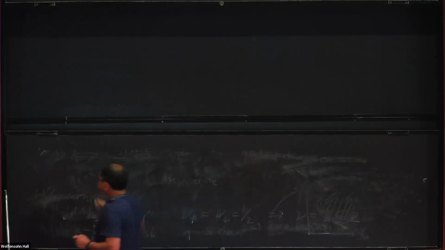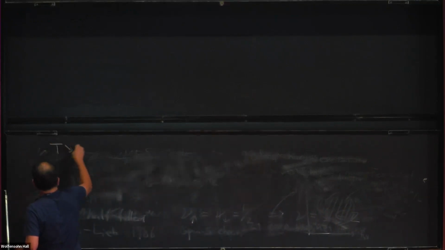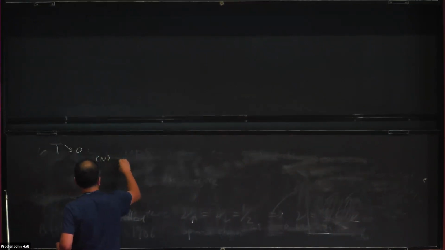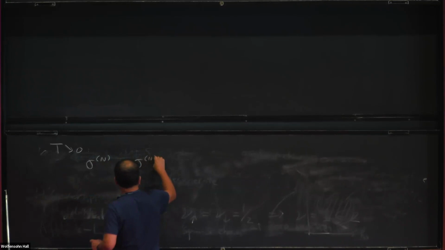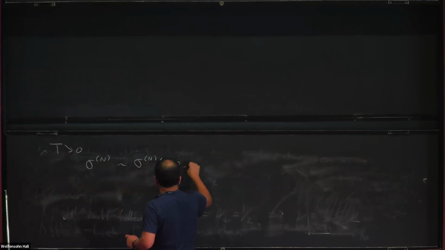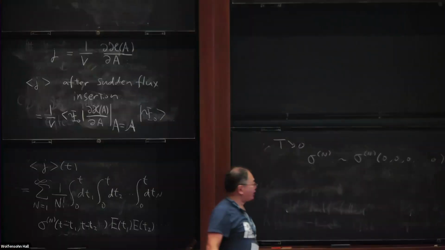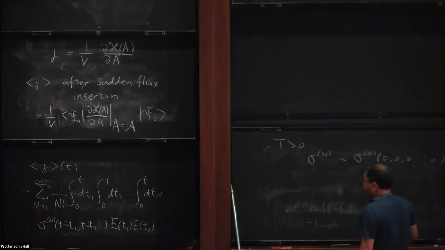So in the sudden insertion limit, this sigma n can be replaced by the 0 delay time response function. And then you can integrate over this electric field, and if you integrate over each electric field, you just get the final value of the vector potential.